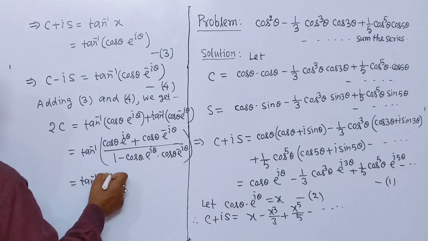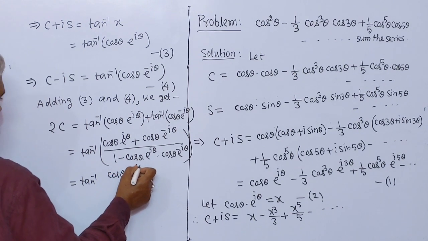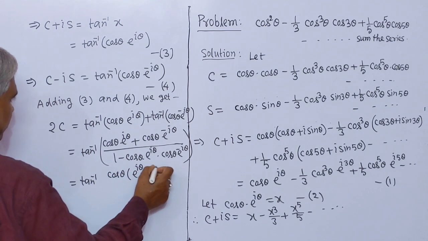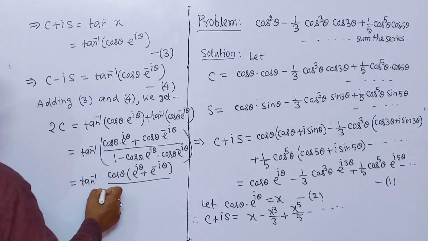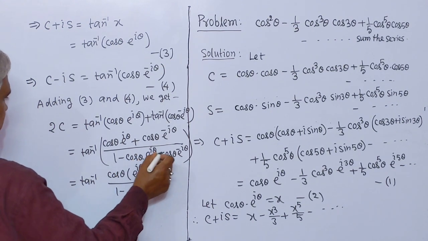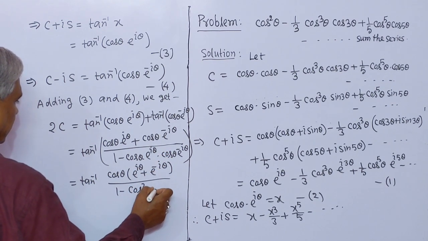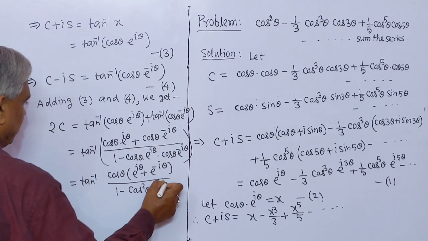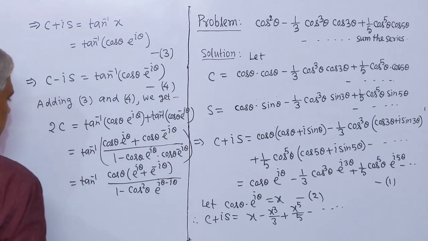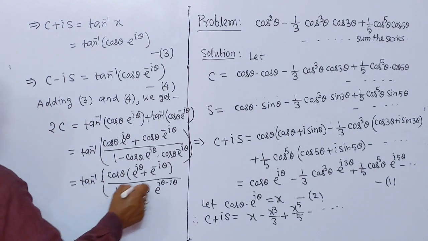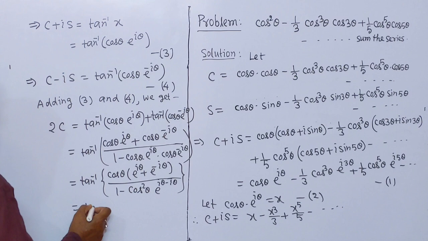This is equal to tan inverse. We take common cos theta. Here remains e to the power i theta plus e to the power minus i theta, by 1 minus cos theta multiply cos theta, cos square theta, and e to the power i theta minus i theta. This equals tan inverse.